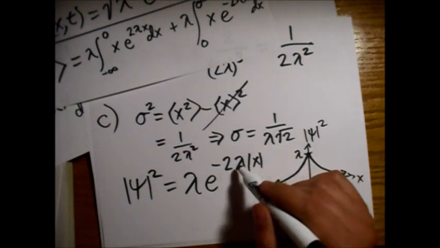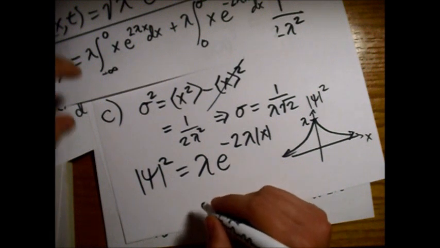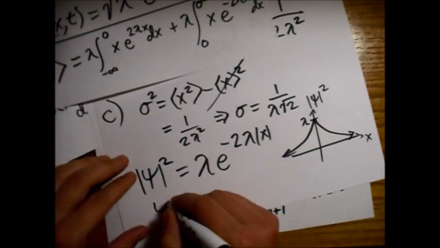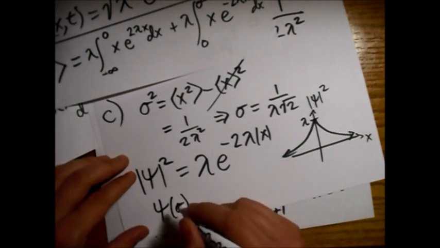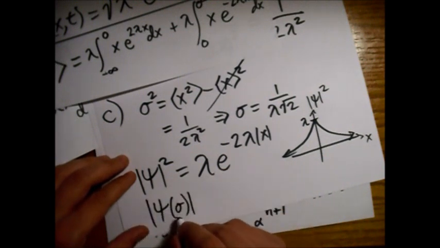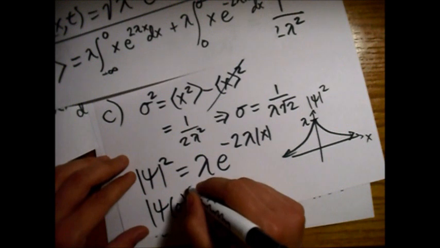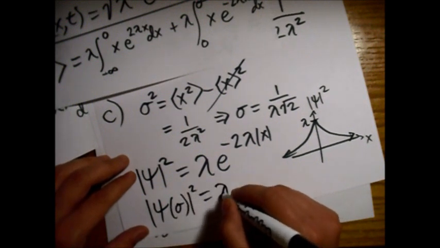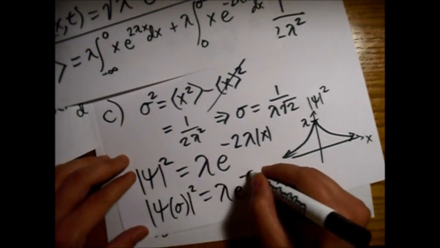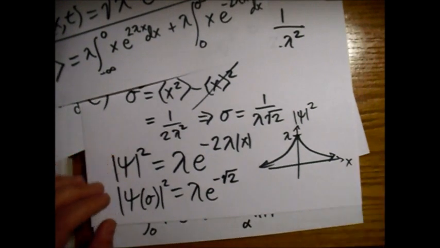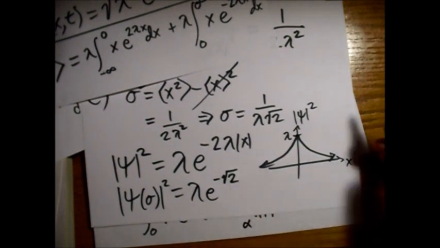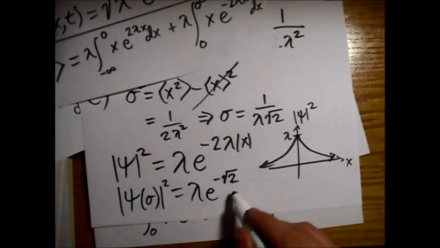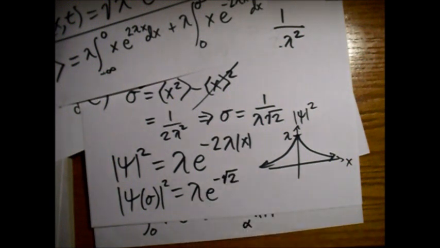Well, our lambda will cancel out, and we're just left with, let's see if I can write this out, x equals sigma here. So we have lambda e to the -square root of 2. Alright, so this should let us get some kind of point. You could plug this into a calculator and find out what decimal value this has here.